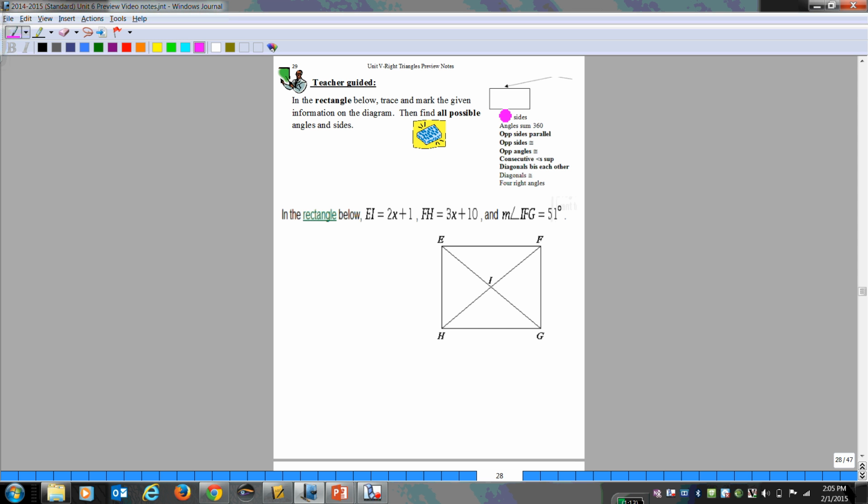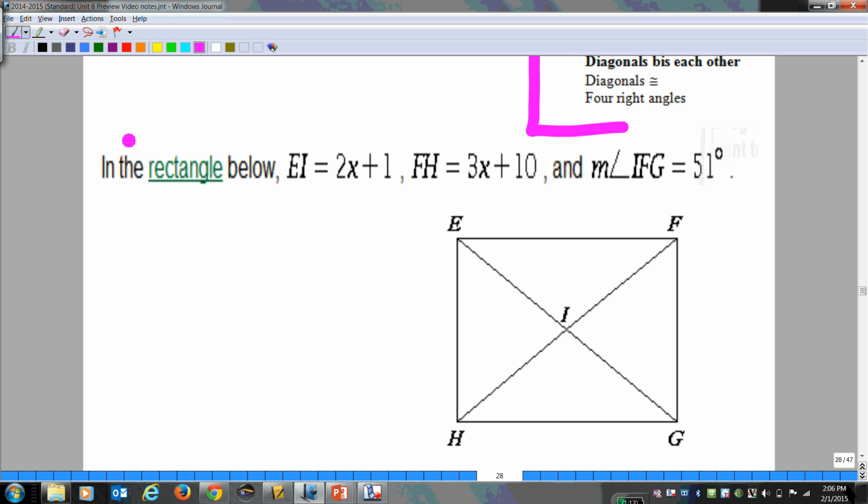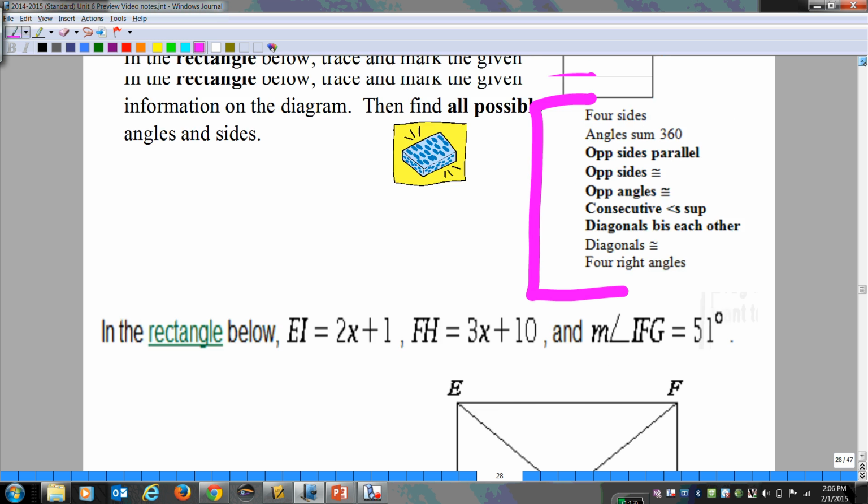Here's a list of things that you need to watch out for in a rectangle. This is from your quad family tree.